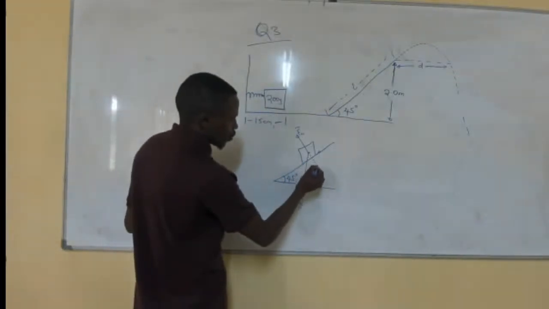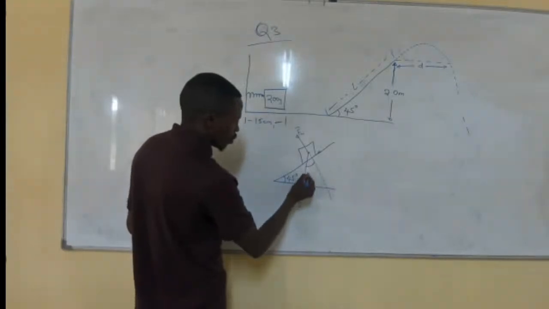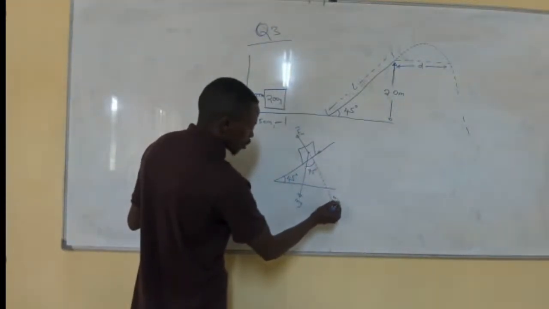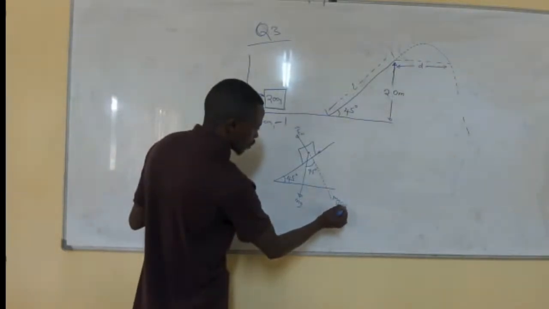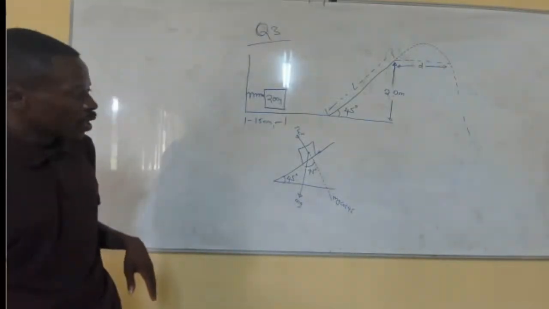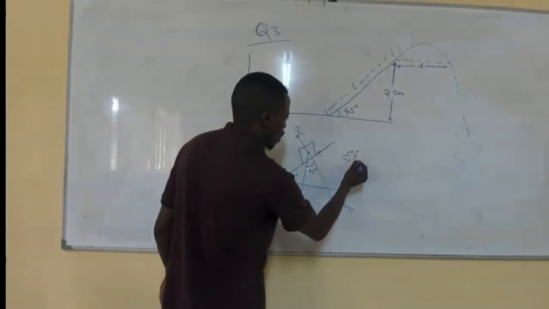Then we have to resolve the components of mg. I know that that angle is 45 degrees, and the component is mg cos 45.